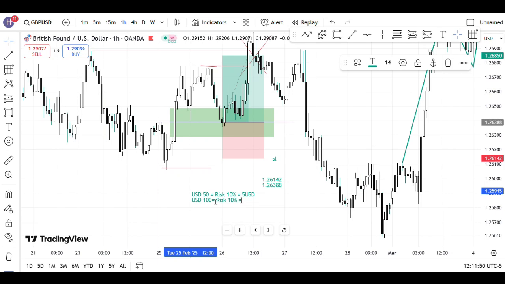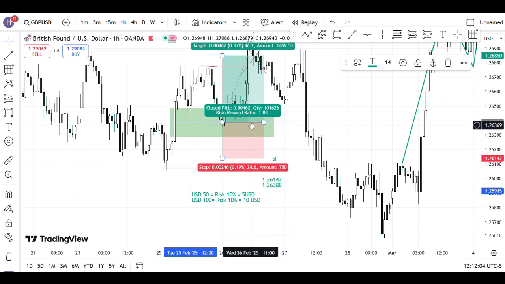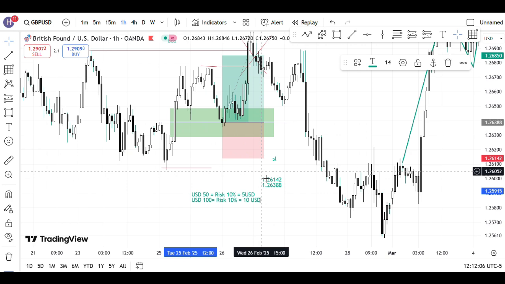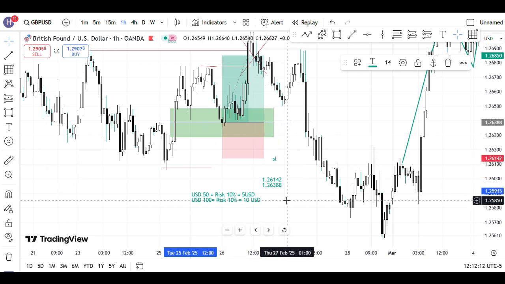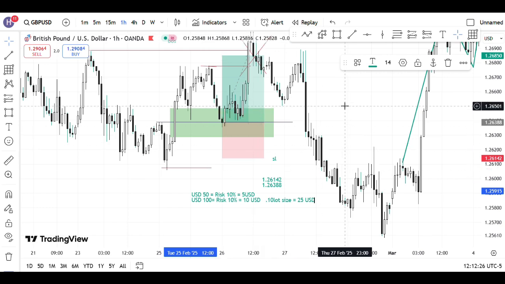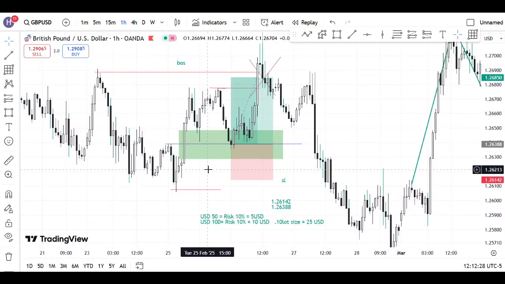You can lose 10 times like this. In case of $100, 10% means 10 US dollars. The difference is 250 pips. If you put a 0.10 lot size, how much do you lose? You will lose 25 USD. That means it's more than 10%.